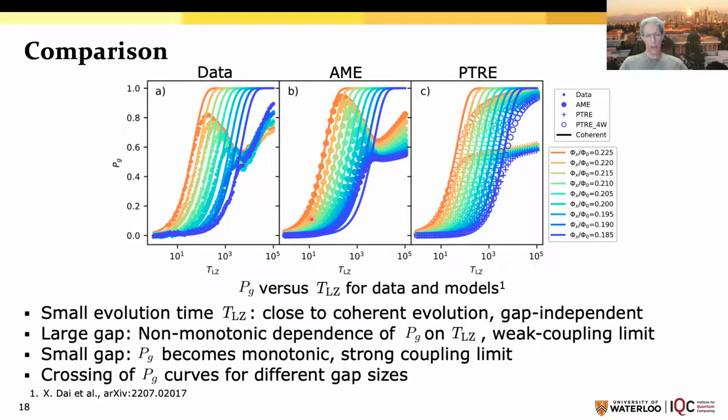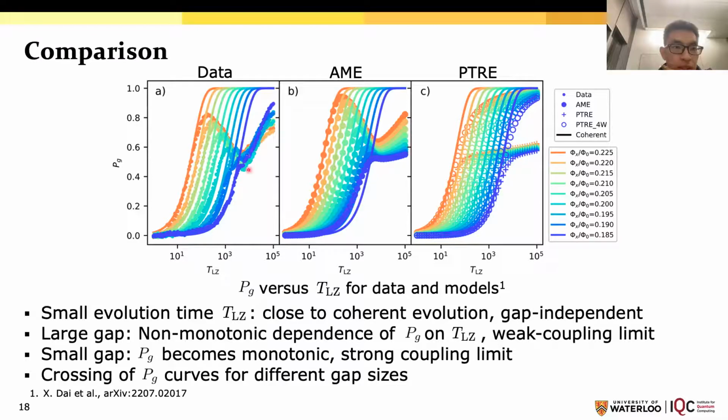Do you have any ideas at this point why this crossing happens? And just to be clear for the audience, maybe you can point out again exactly what we mean by this crossing. It's a crossing of curves.